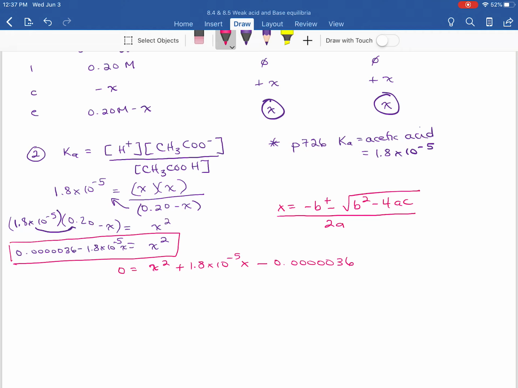So there's our situation. We know that A equals 1, B equals 1.8 times 10 to the negative 5, and C equals negative 0.1050, 1, 2, 3, 4, 5, 3, 6.